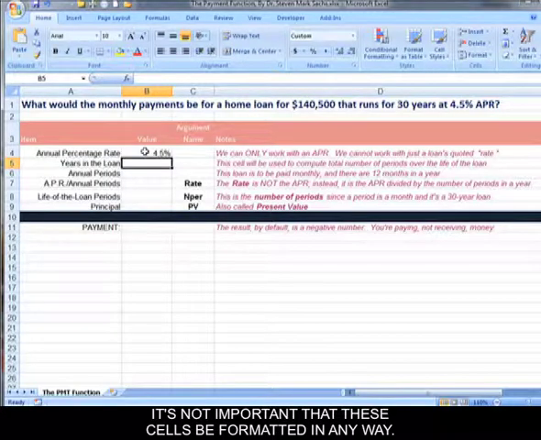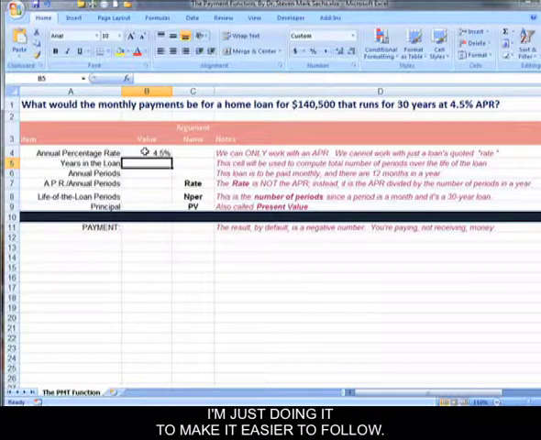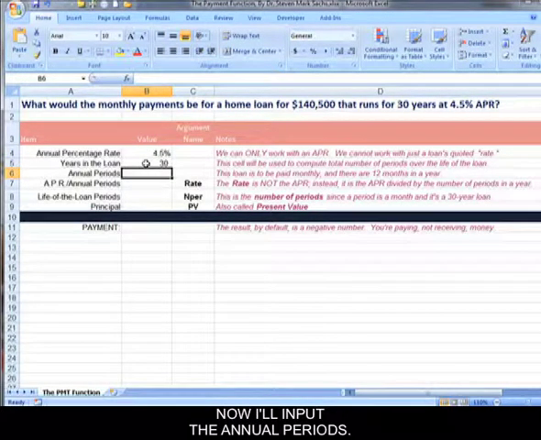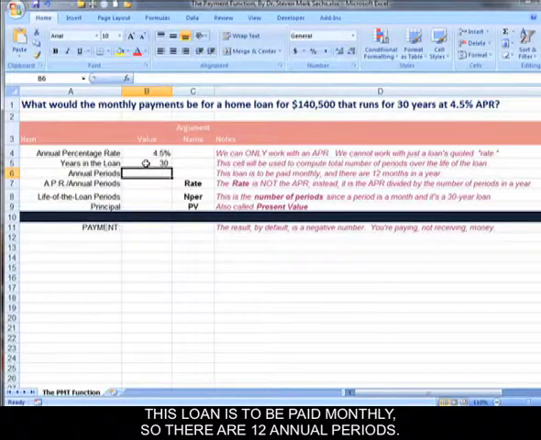It's not important that these cells be formatted in any way. I'm just doing it to make it easier to follow. This is a 30-year loan, so I'll fill that in next. Now I'll input the annual periods. This loan is to be paid monthly, so there are 12 annual periods.